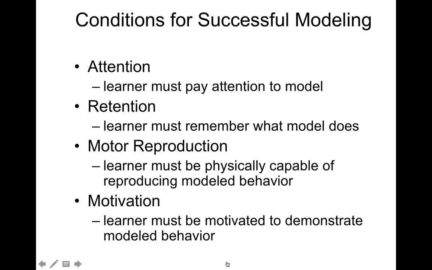We are just one aspect. Other models could be their peers. Videos that we use can be effective models. Resources, community volunteers coming in could be effective models. So there's lots and lots of examples of ways that we can use effective models.